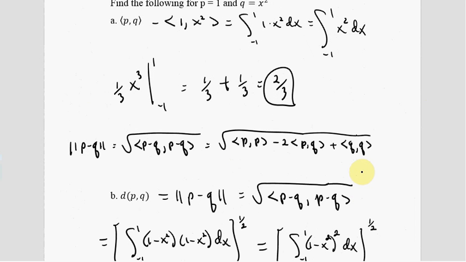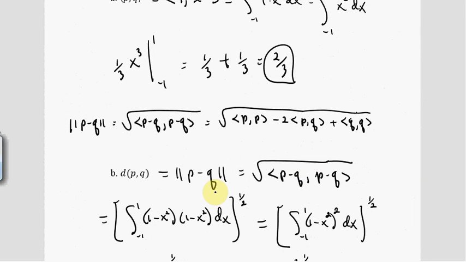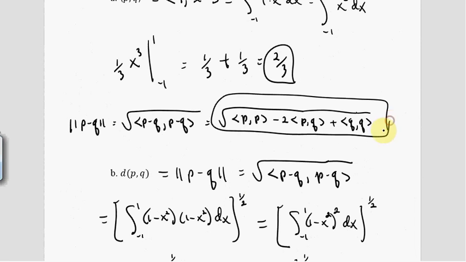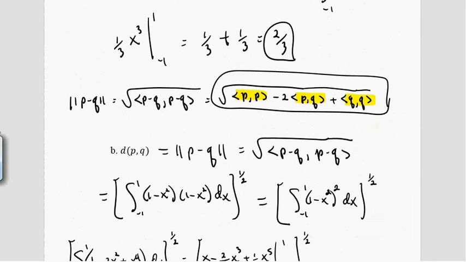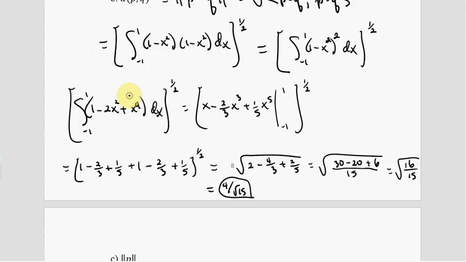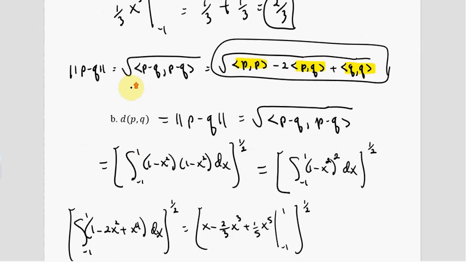Just configure that into this square root. So you're going to be working it differently than how I worked it out right here. It's the same thing as part B, but you're looking at this inner product in a different light. So I want you to work it out just like this. Just show me those three parts, right? And you should come up with the same thing that we came up with down here, and that was 4 over the square root of 15.